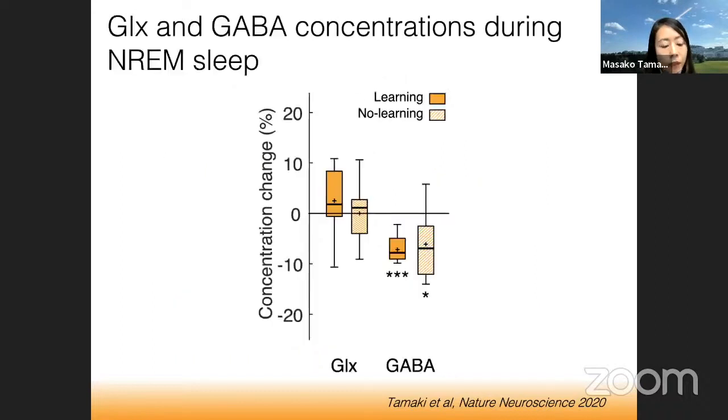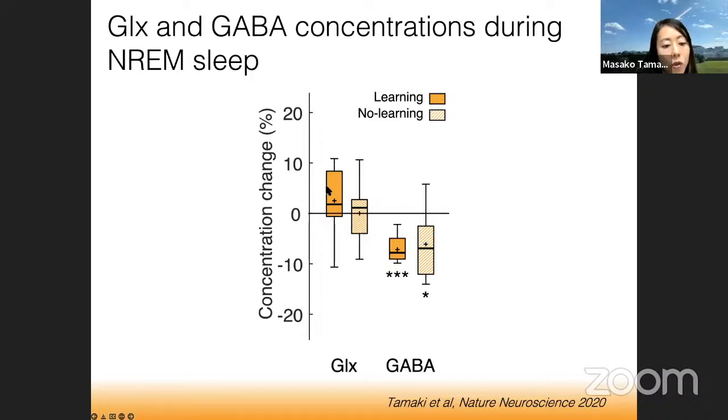Now, the EI ratios are measured by glutamate and GABA concentrations. We also asked what contributed to this EI ratio change during sleep. This shows the concentration changes for glutamate and GABA during sleep for the learning and no learning conditions.